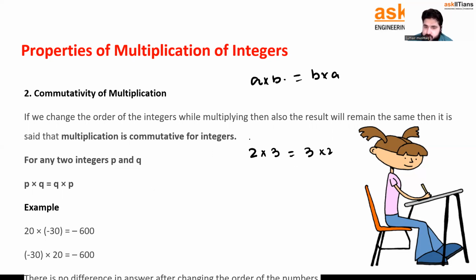It means 2 is added 3 times, or 3 is added 2 times. So it is one and the same thing. This also gives 6. This also gives 6. You can check it. See, 2 multiplied by -30 is -60. -3 multiplied by 20 is again -60. So it is commutative.